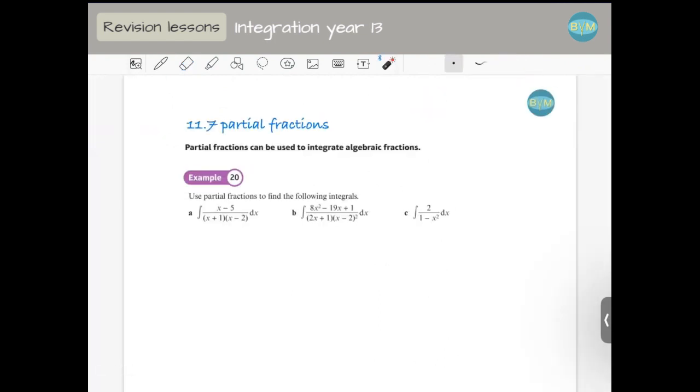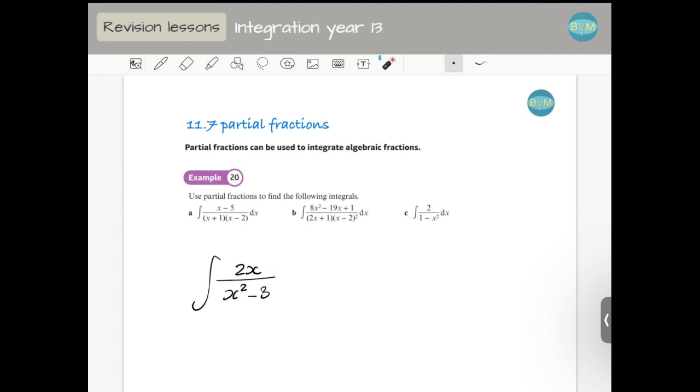Then many times you have to integrate algebraic fractions. So you have a polynomial. And there are different options for that. So I would say, what options do you have? So for example, when you have something like this, when you have to integrate an algebraic fraction, my first option could be to check if the numerator is the derivative of the denominator.